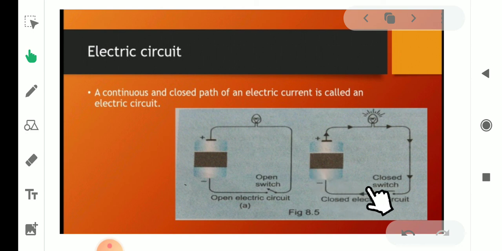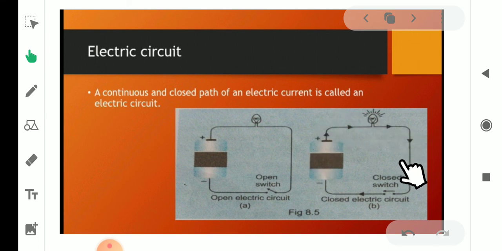So if the electrons are flowing negative to positive, then the opposite of it is that the current flows from the positive to the negative terminal. Here the closed switch is used where there is a connection between the two terminals in the switch, and the current starts flowing.